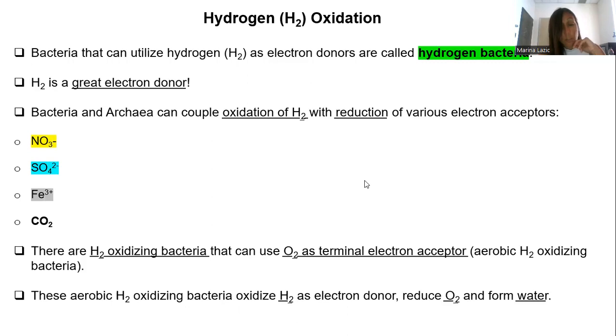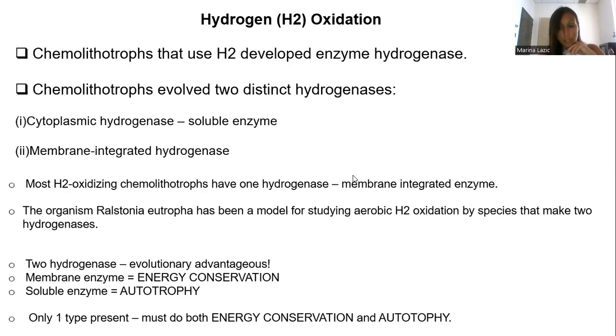Now, there are hydrogen oxidizing bacteria that are able to use oxygen as a terminal electron acceptor. These aerobic hydrogen oxidizing bacteria are very specific, living at the interface between oxic and anoxic areas. When I cover hydrogen oxidation later in class, we will talk about these organisms specifically.